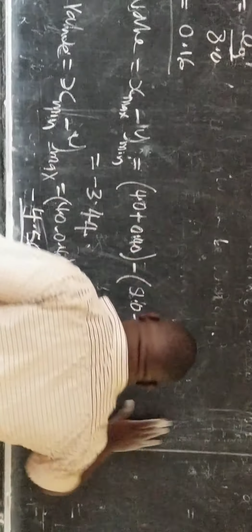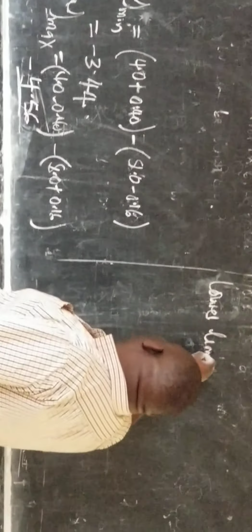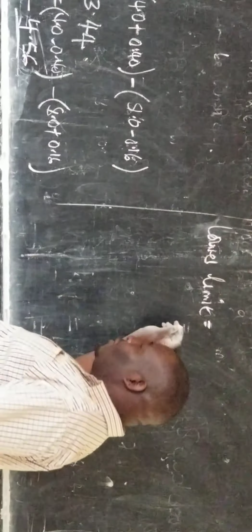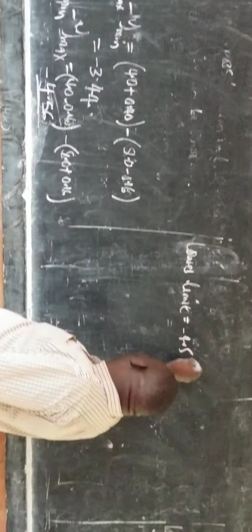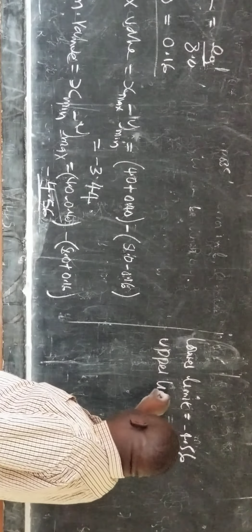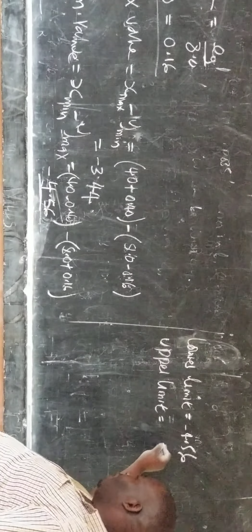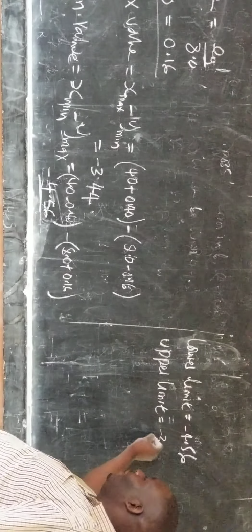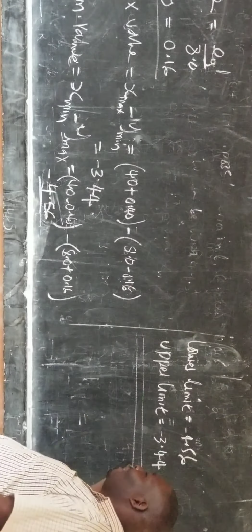Since the question asks us to get the limits, we state the lower limit, the lower boundary, which is negative 4.56. Then the upper limit, the maximum value, the upper boundary, which is negative 3.44.